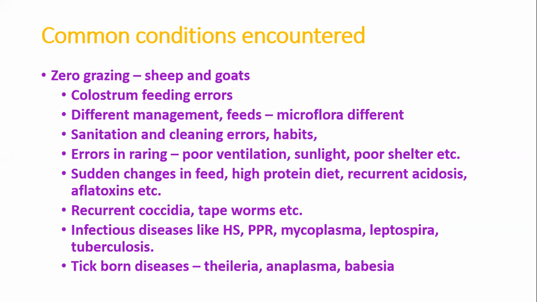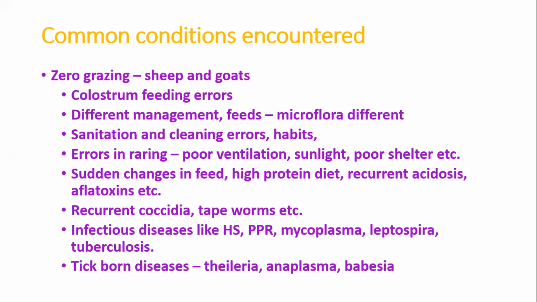Then many times a sudden change in the feed will affect the ruminal microflora, and that may lead to digestive disturbances, and sometimes there is a possibility of death in the animals.